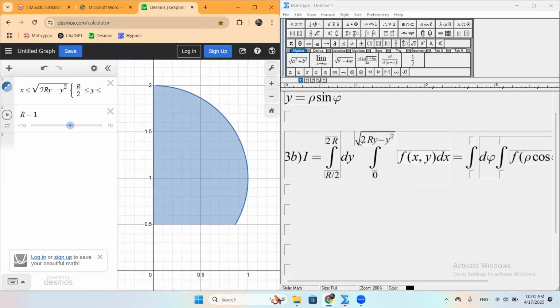So the upper limit is the following. Let's substitute ρ cosine of φ and ρ sine of φ.